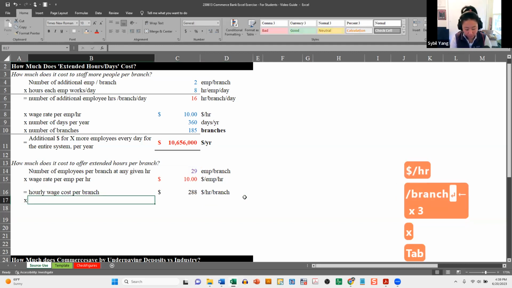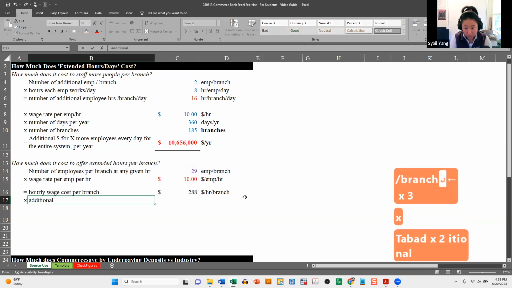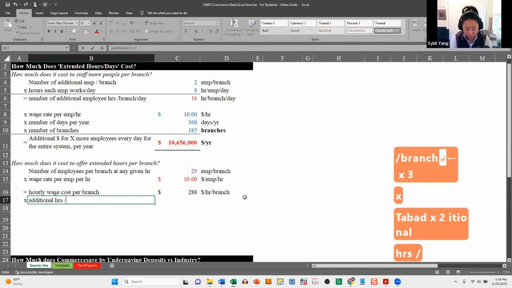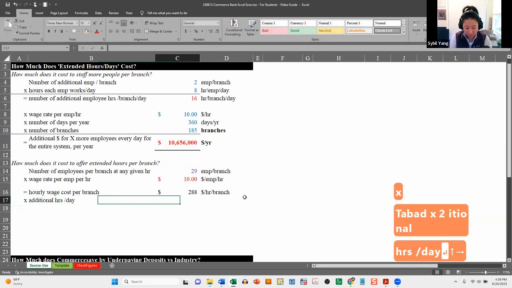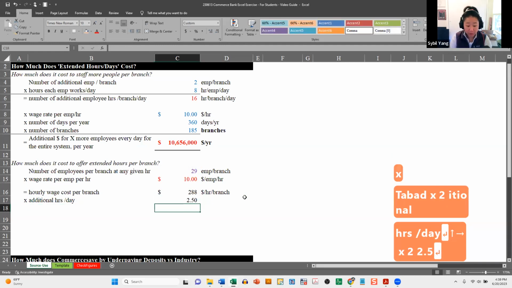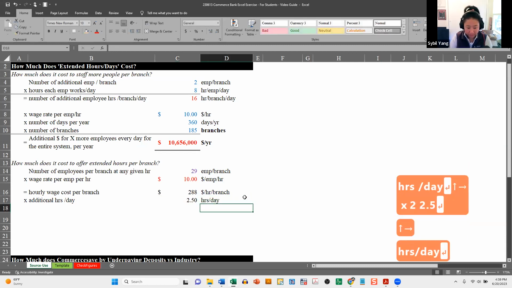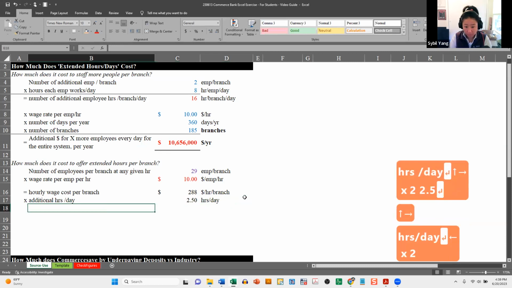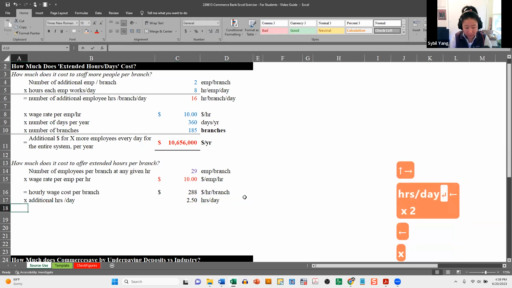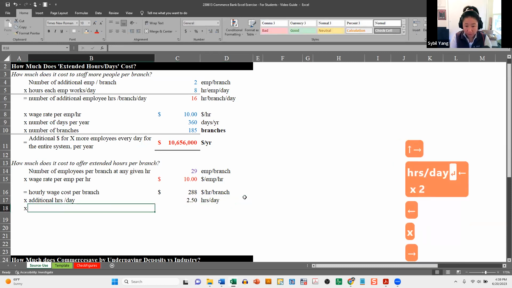Times additional hours per day. So I'm just going to put in a placeholder of 2.5 hours per day. And the number of days per year that this is going to happen, because I'm going to have extended hours for every single day that I'm already open.